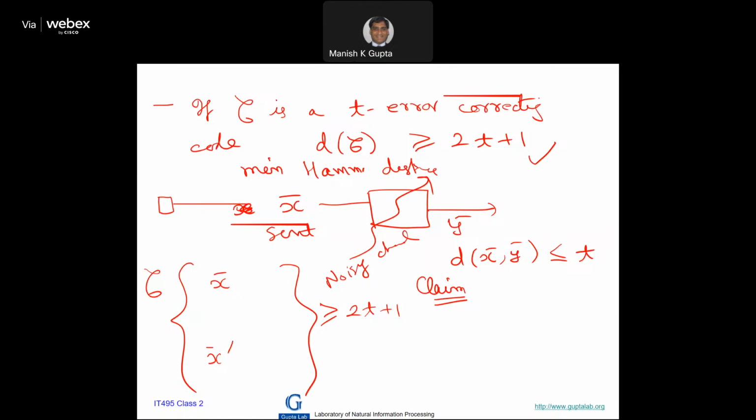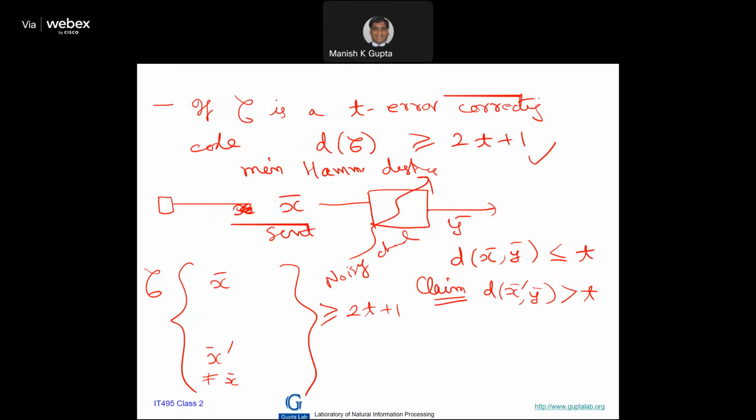Right. So now my claim is, suppose X prime is a vector which is not equal to X, so distance between X prime and Y, my claim is this should be more than T. Because then only we will be able to correct it, right?